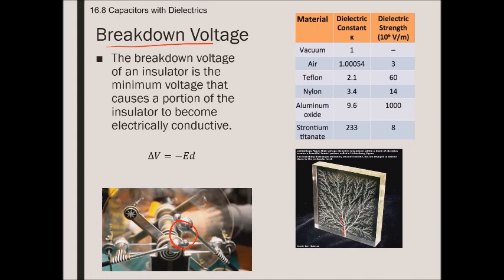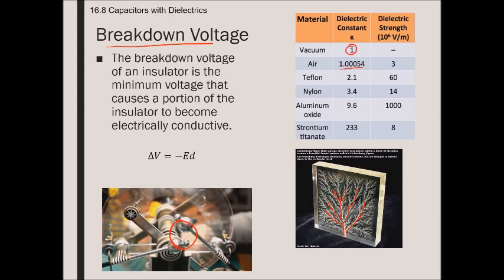Like this thing, where basically I used a capacitor to create a potential difference across this material, and here we can see the breakdown of the material as the lightning bolt breaks off and forms these fun patterns. So the dielectric constant of a vacuum is defined as 1.